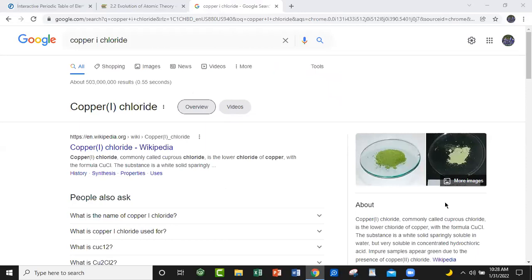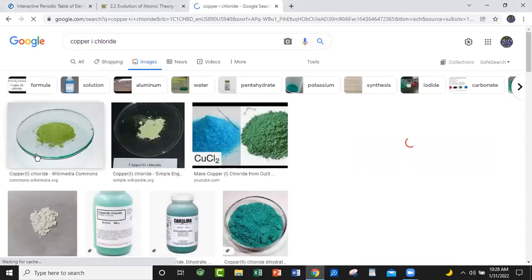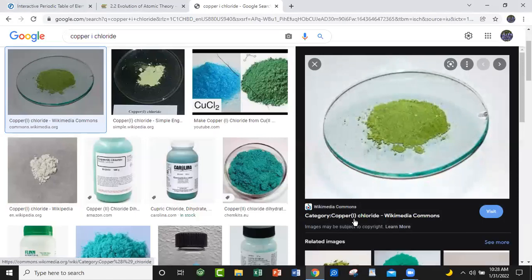Yes. All right. So if you look right here, notice it says copper 1 chloride. We're going to talk about naming and all that stuff. But these two compounds that we can get, CuCl and CuCl2, the reason why we get those is because of the oxidation number on copper.